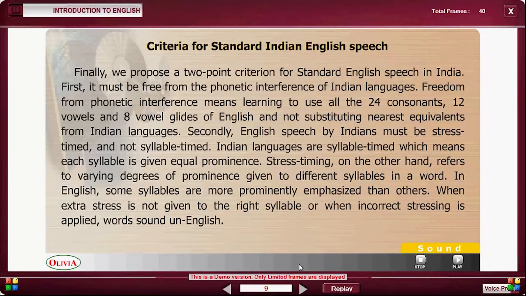And introduce stressing habit, which is not in our linguistic habits. Once we have these two, using the correct sounds and the stress patterns, we will be accepted. Our English will be accepted anywhere in the globe. And try to learn and acquire the sounds and stress patterns from the software.